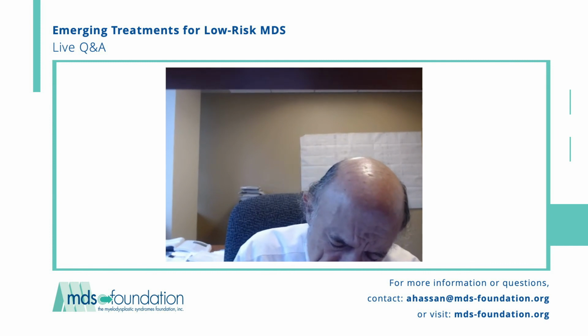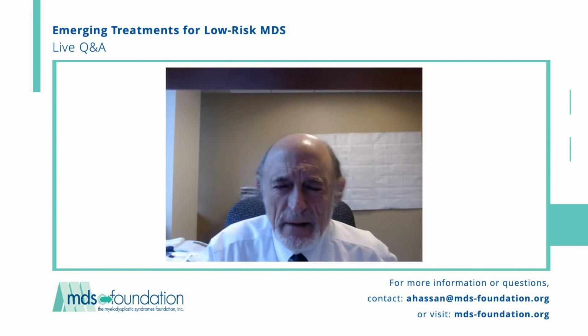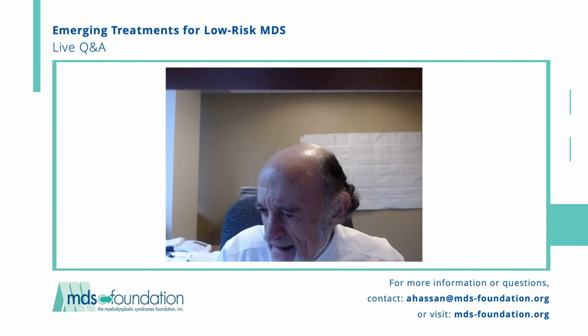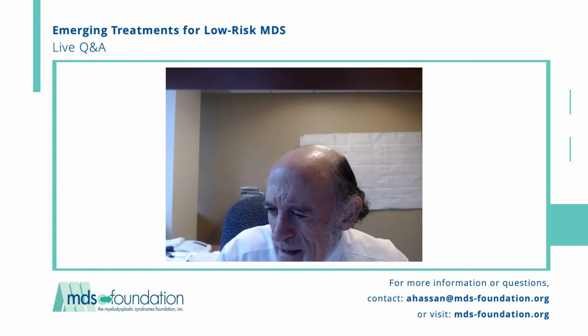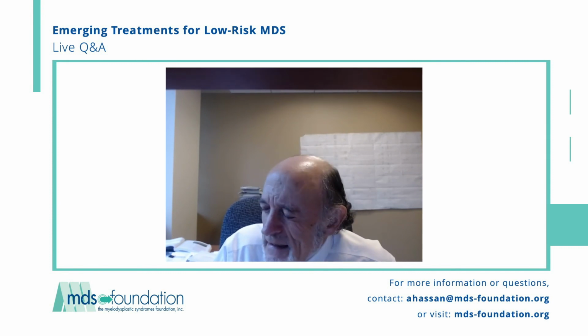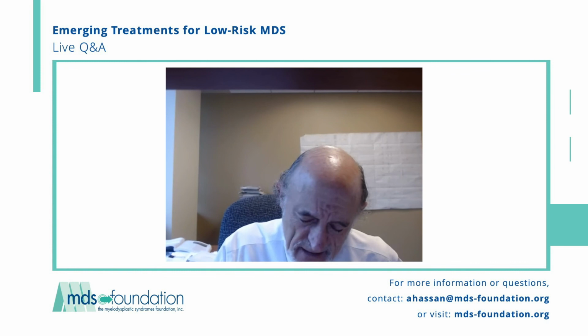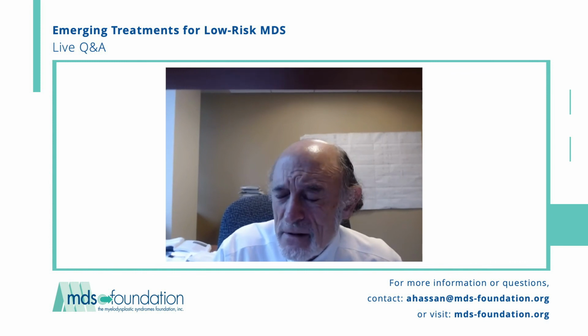Okay, yeah. So most patients eventually, let's say we have 100 patients with lower risk disease that we are observing. And let's say we look 4 or 5 years later, probably 60 to 70% of them will be getting some treatment.